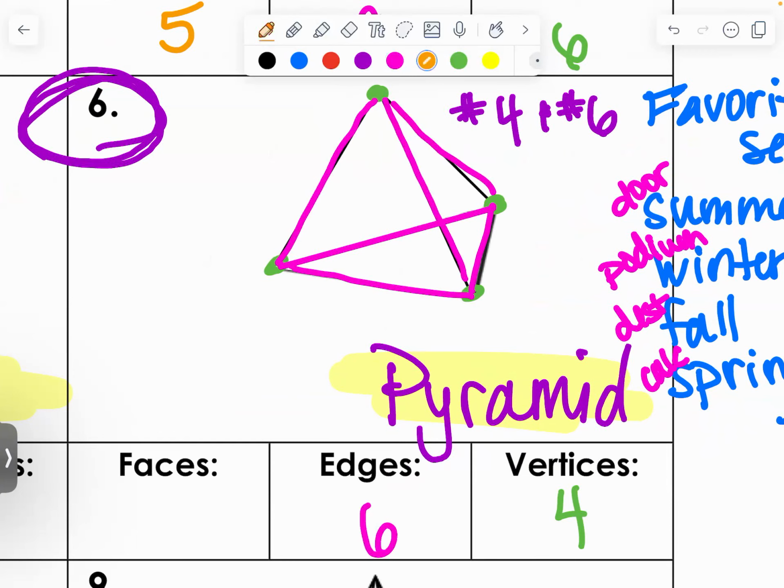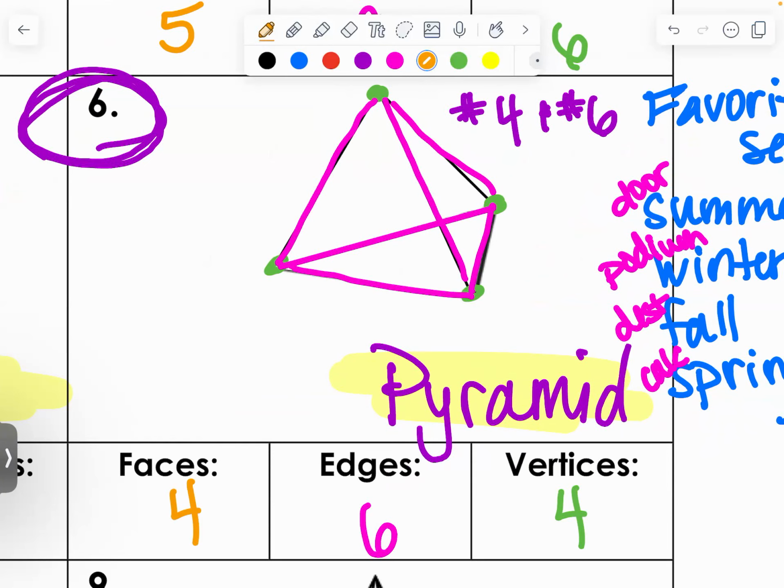Okay. And then, Lainey, how about the number of faces? There are 4. Thank you for answering, Lainey. Okay, we have a triangle base and then 1, 2, 3 triangle sides.